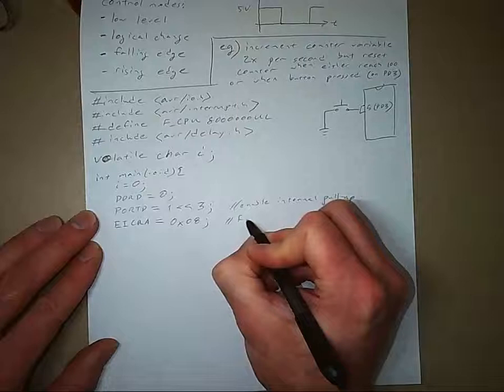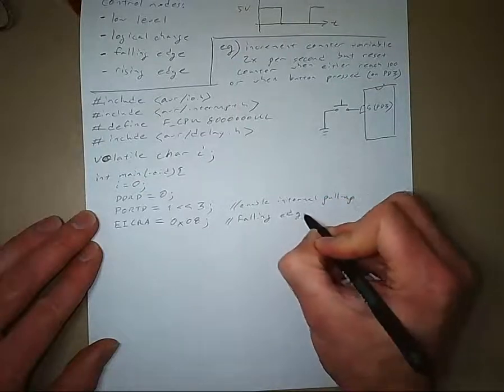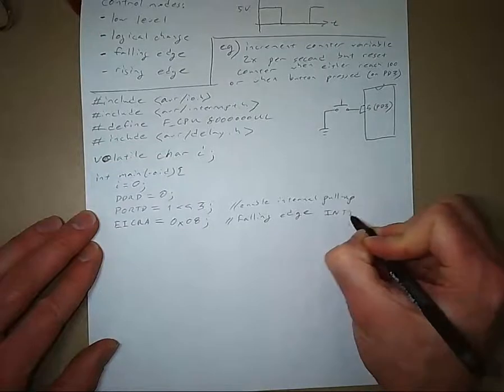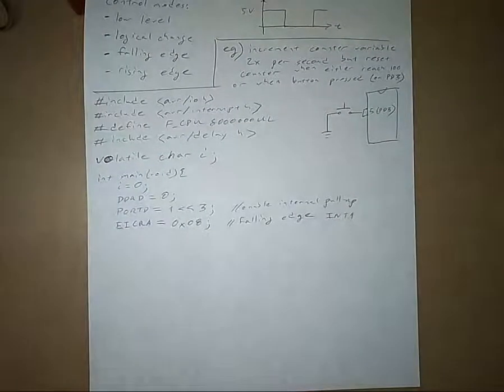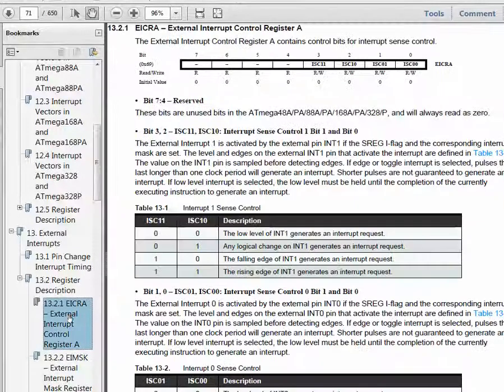And this is to get an interrupt on falling edges on the INT1 pin. So let me go back. So we assigned it an 8. And so an 8 would be a 1 right here. And so that's 1, 0. So falling edge of INT1 generates an interrupt request.